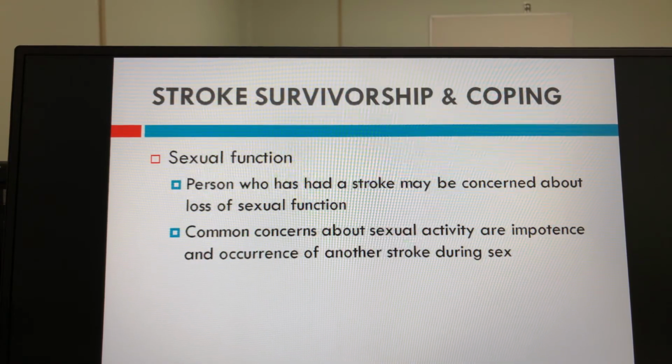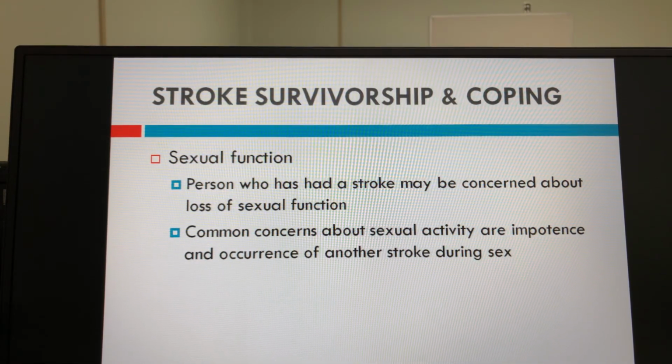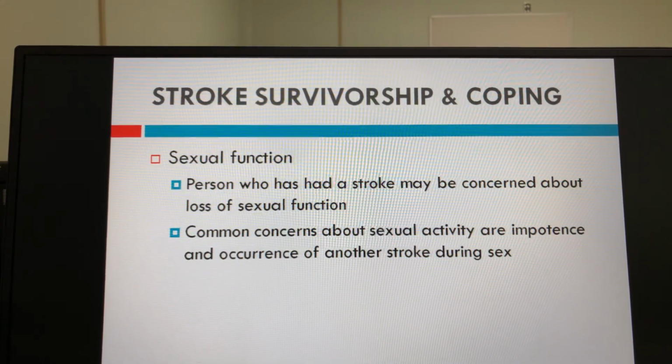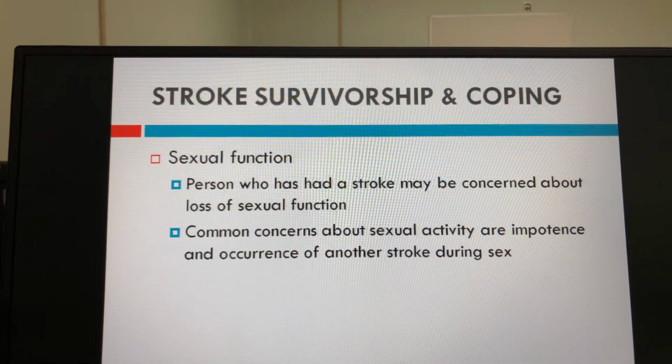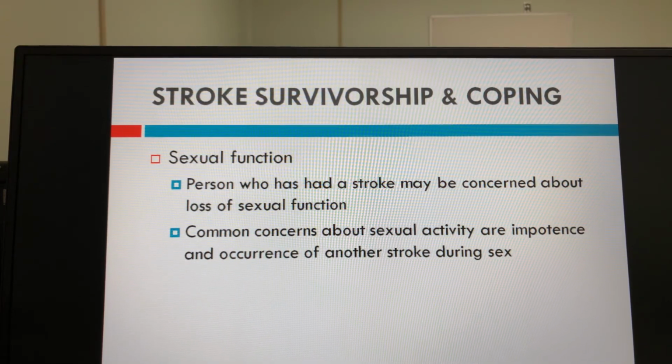So community resources can be an asset to patients and their family. And they can talk about the National Stroke Association, which provides information, resources, referral services, and quarterly newsletters pertaining to stroke.